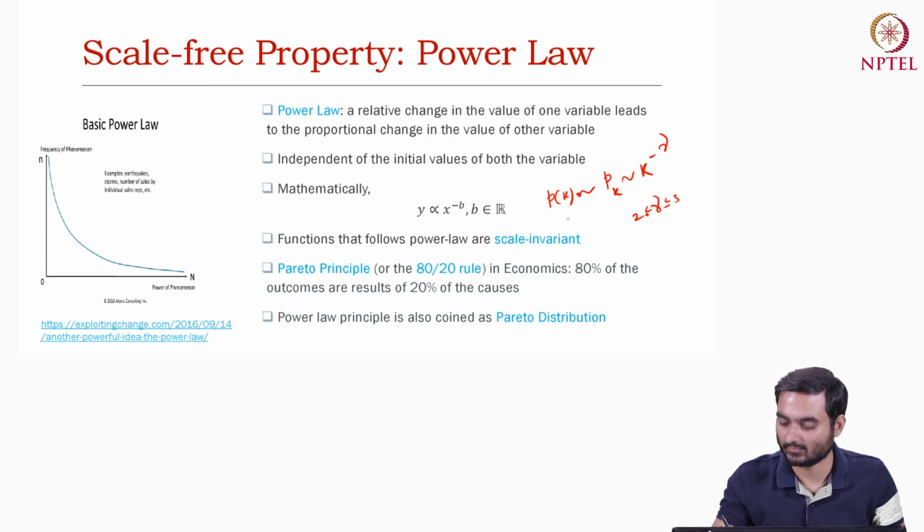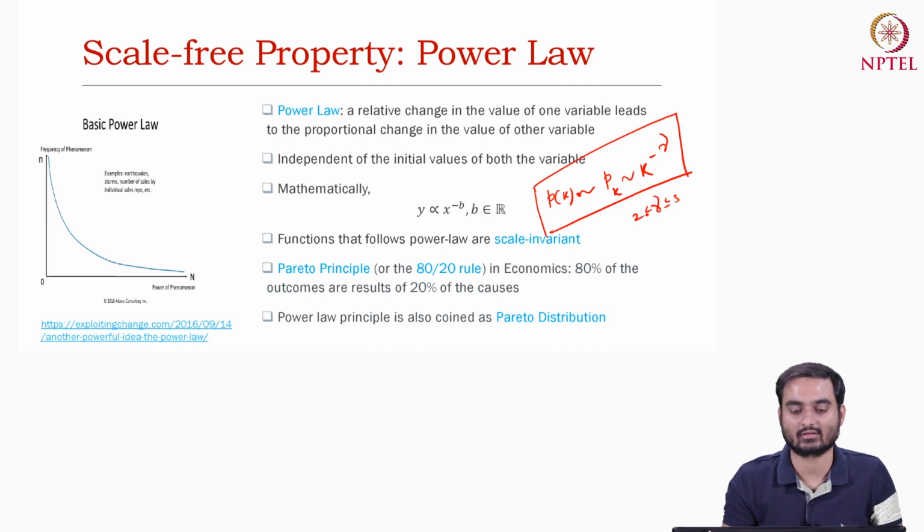So if you prove that your synthetic network follows this kind of power law degree distribution, you can say that it resembles the scale free property that real world networks exhibit.